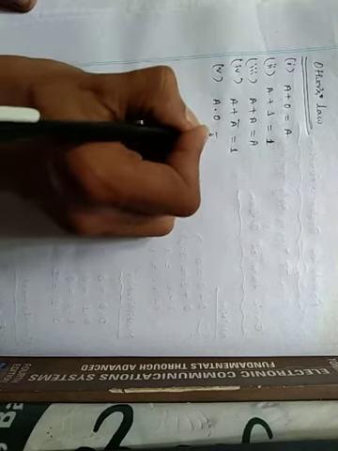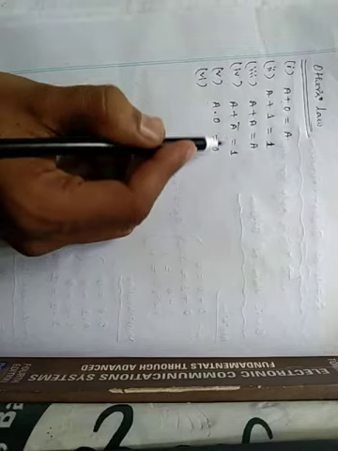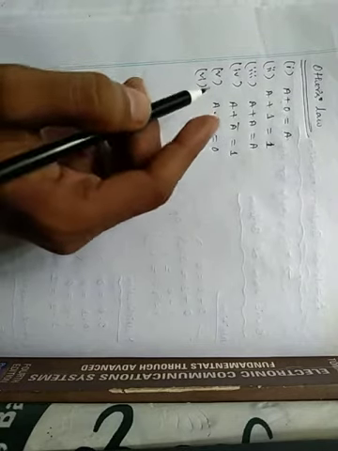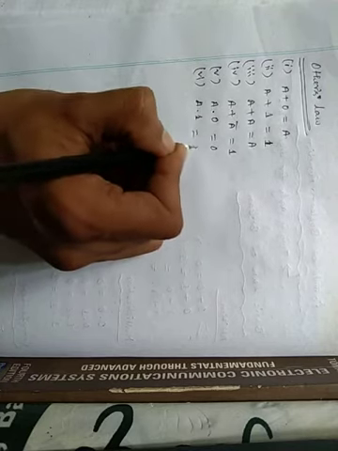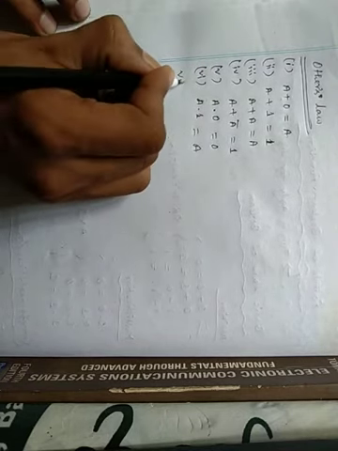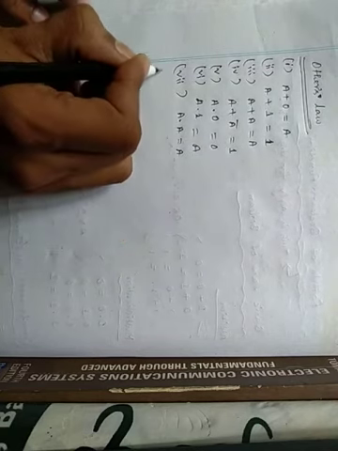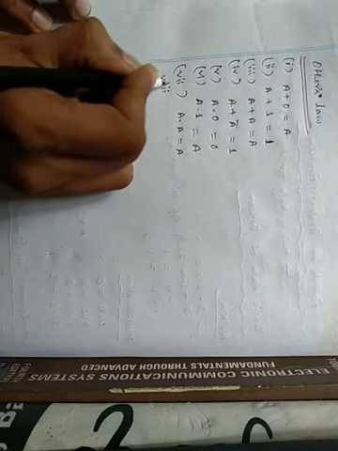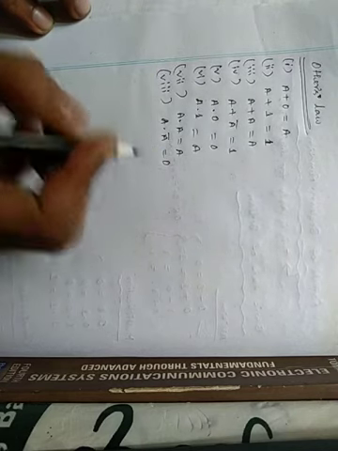A into 0 equals 0. A into 1 equals A. A into A equals A. And A into A bar equals 0.